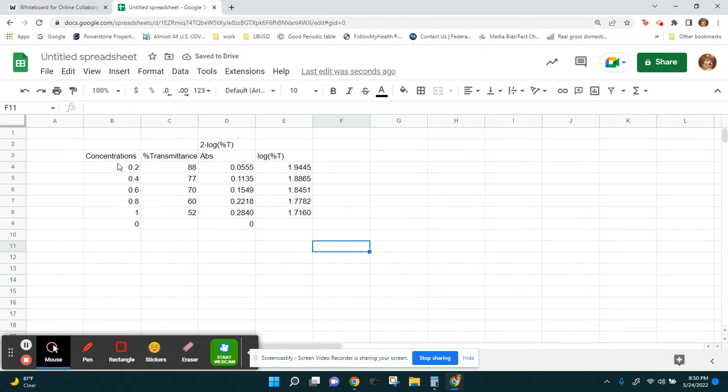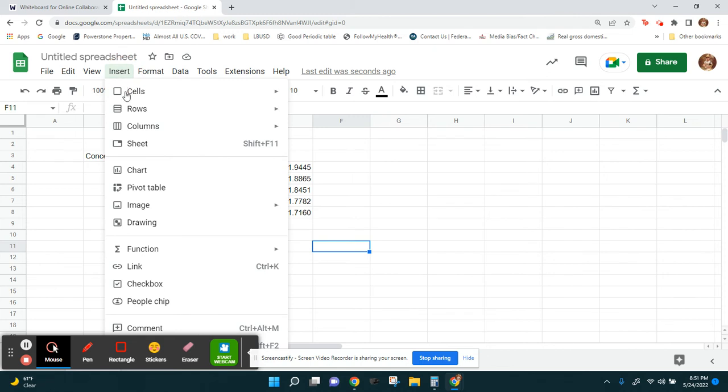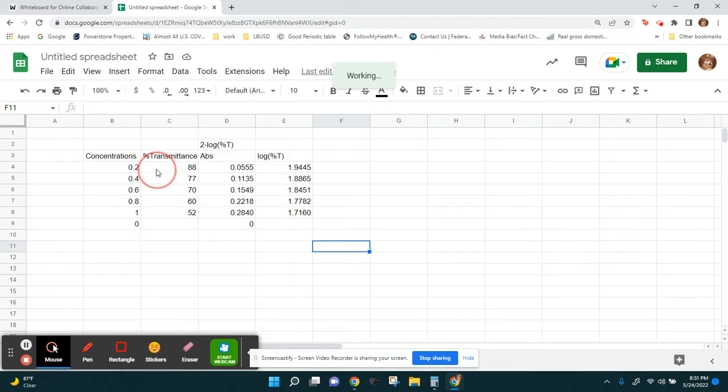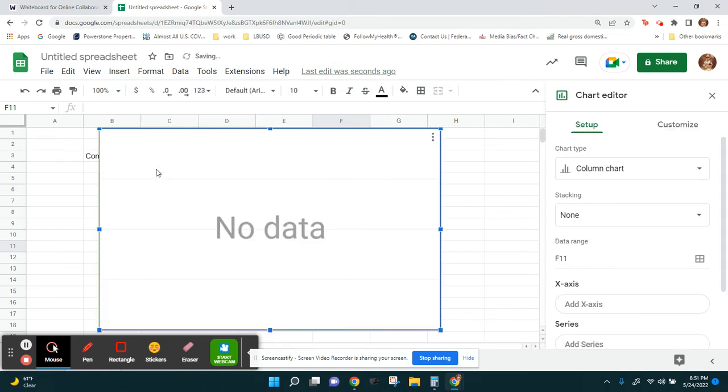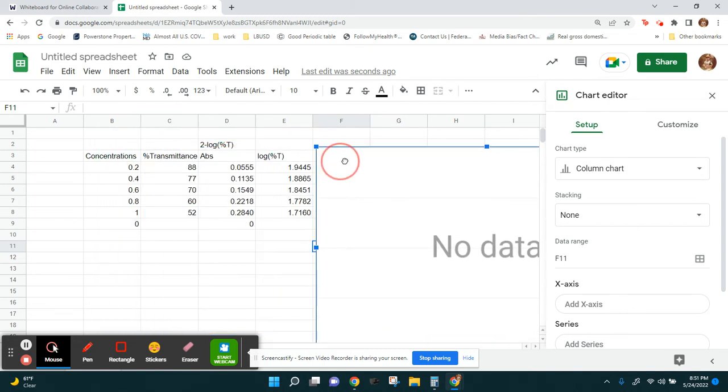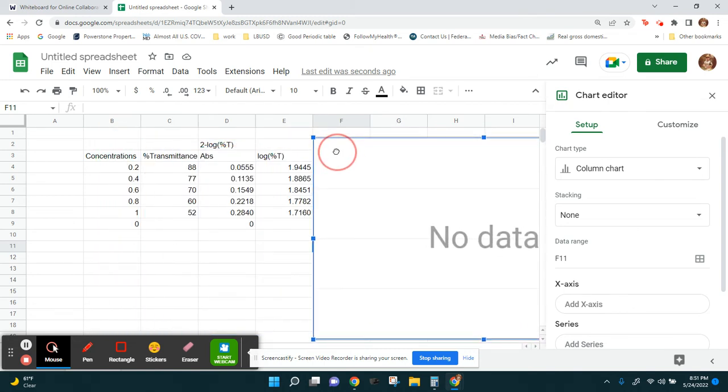Okay, now that we have our data, we have concentrations, this is going to be on the x-axis, and this is going to be on the y-axis. So let's insert a chart. You can go here, or you can go here to Insert and find where it says chart. Insert chart, and once again, like last time, we're going to be working with a scatter plot, because scatter plots are the ones that put the XY values in the correct place.